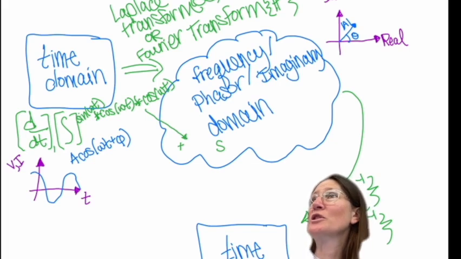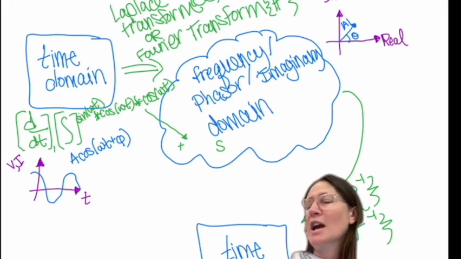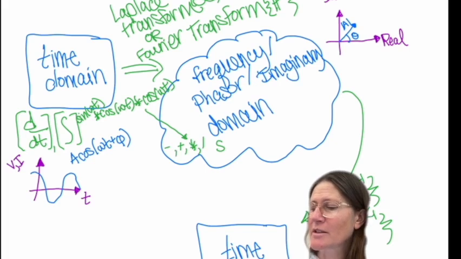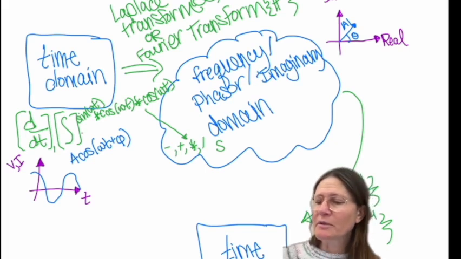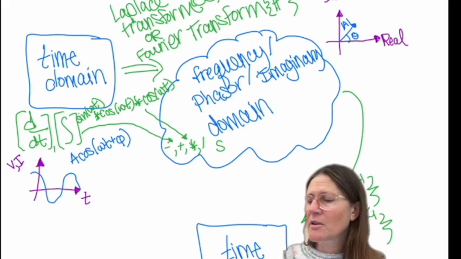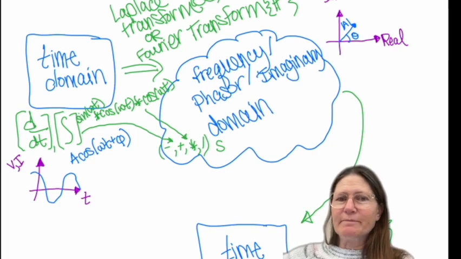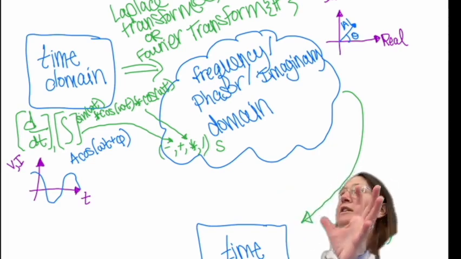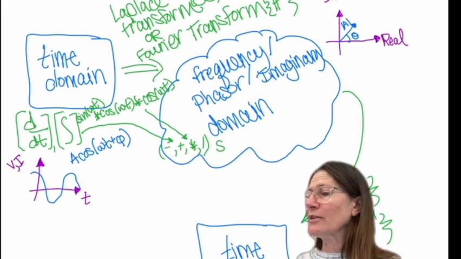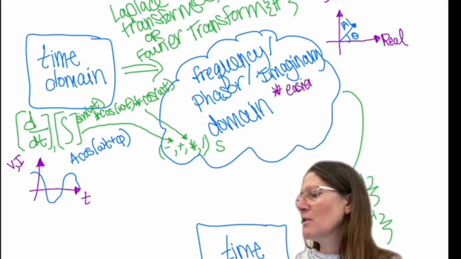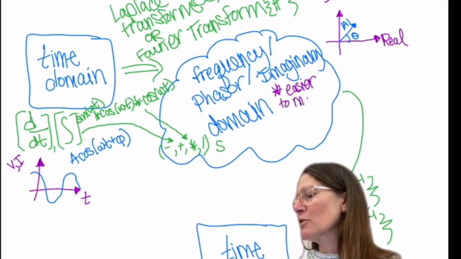And it's just so much easier to add. It's complex numbers, but we can add, multiply, divide, and subtract. So much easier than a differential or an integration. So this makes it just way easier. The idea is that it makes it easier to manipulate your numbers.